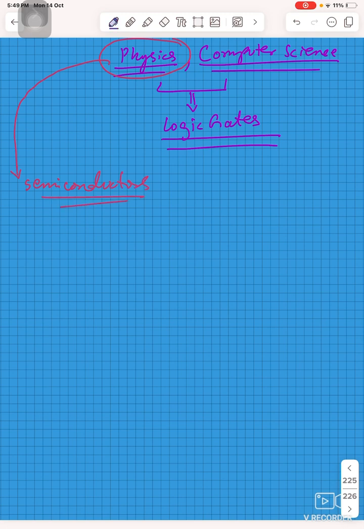So they are from electronics or digital electronic physics, but engineers make them, and they are used in CS.